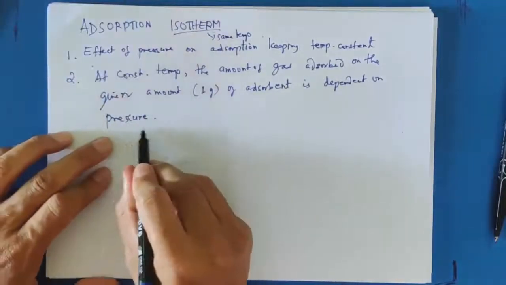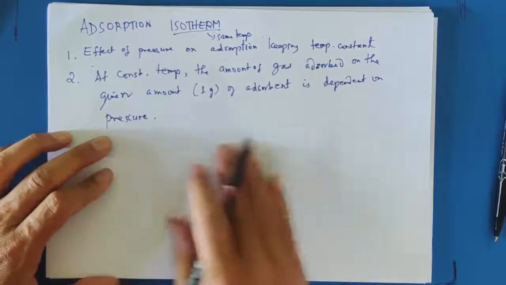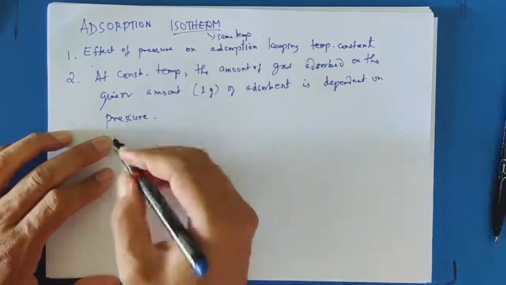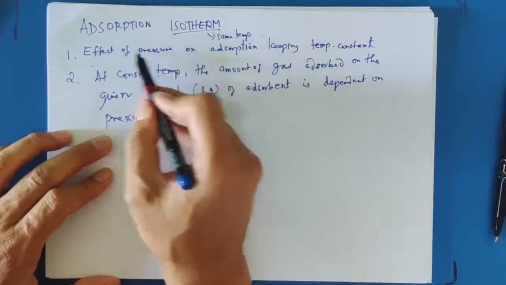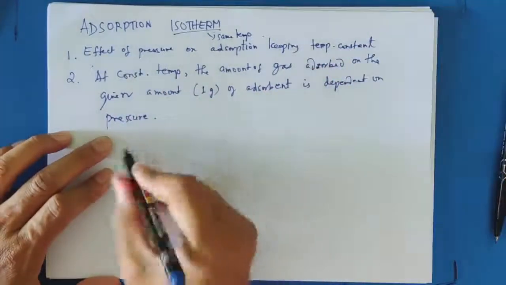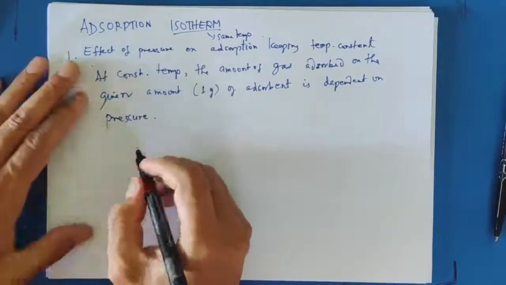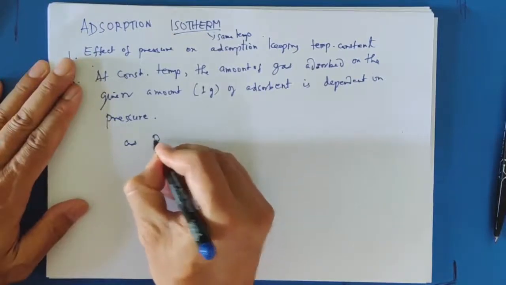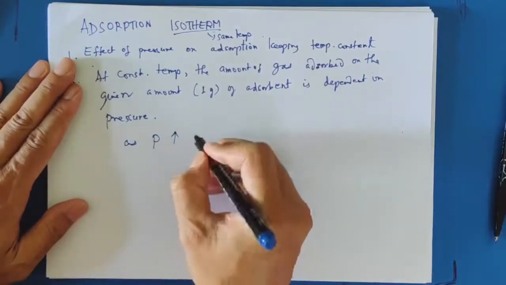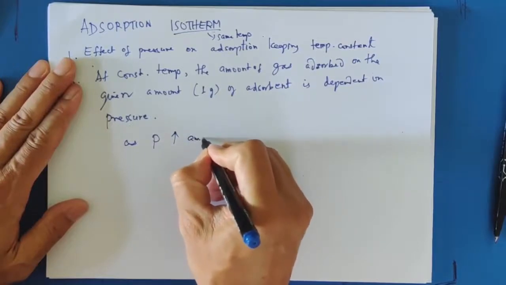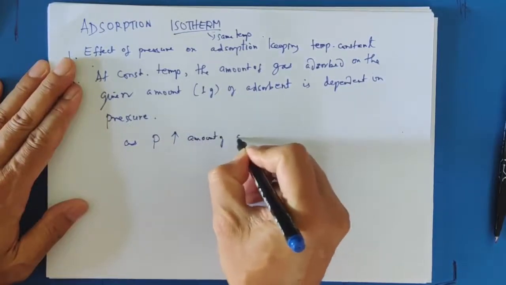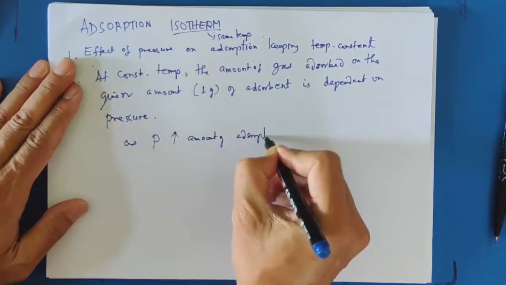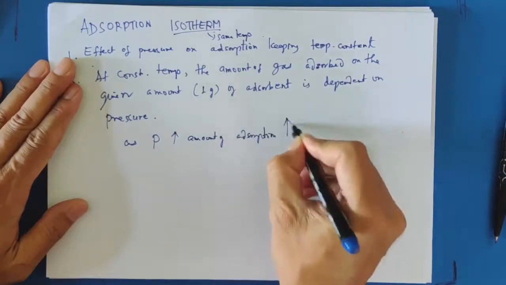See, the contribution of pressure is coming. Pressure plays a part in adsorption isotherm. It's all about the effect of pressure on adsorption. As pressure increases, the amount of adsorption will increase.